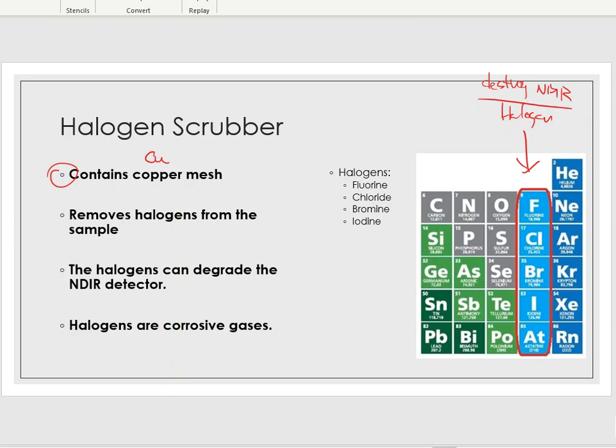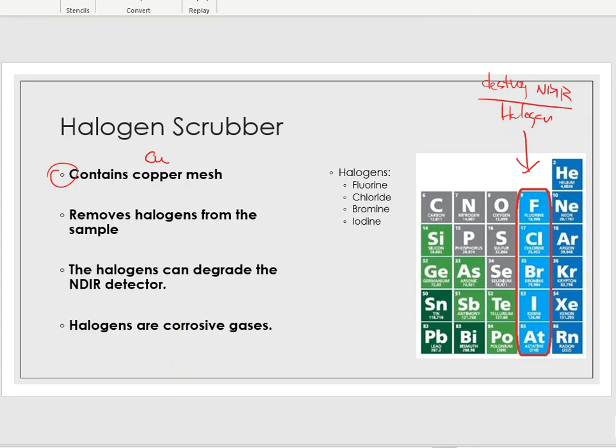All right? So that copper is very important, and that copper is playing a role. The copper is basically bait. The copper is present in the scrubber so that my halogens can react with the copper and not make it any further into my instrument and into my detector.